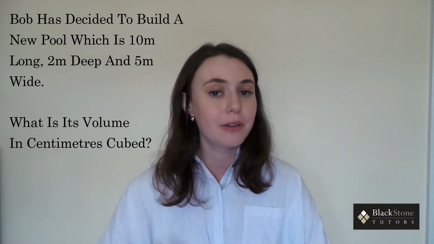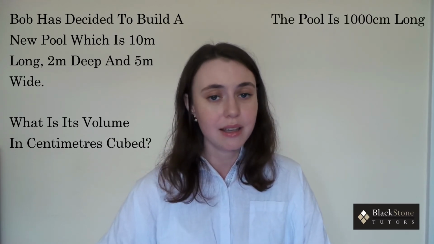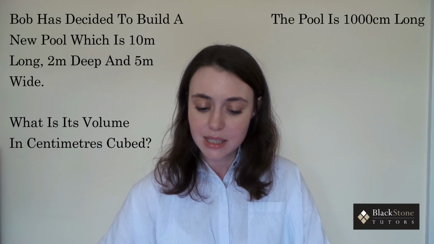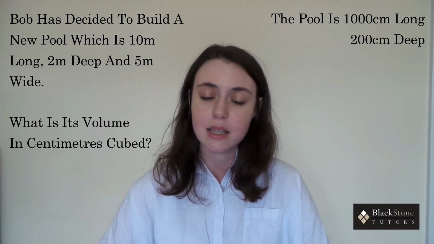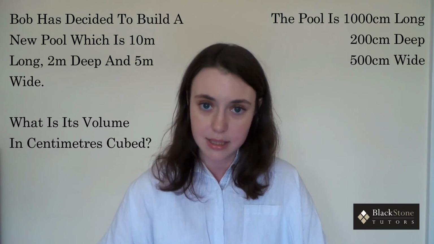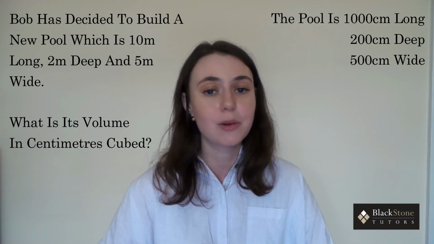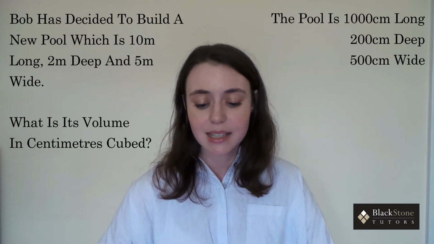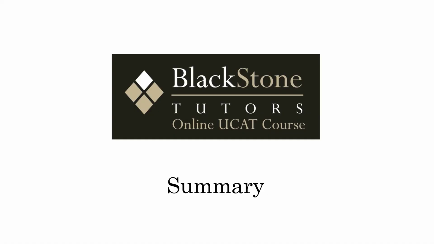So putting everything that we've gone through into practice here, the length of the pool is going to be 1,000 centimeters, the depth is going to be 200 centimeters, and the width is going to be 500 centimeters. So calculating the volume, multiplying all of those together, we get a volume of 100 million centimeters cubed.